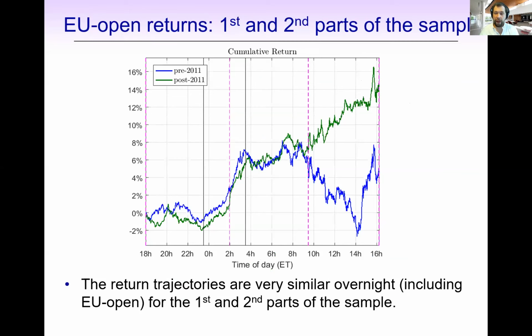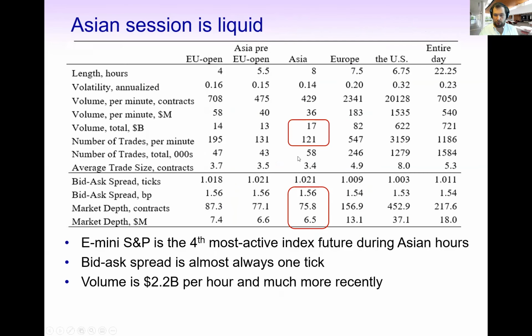That's because of the financial crisis. But during the rest of the day, they're surprisingly similar from 6 p.m. till 9:30 a.m. So we see flat, we see EU Open run up, we see flat again. So hopefully these results convince you that EU Open returns are extremely robust and consistent.